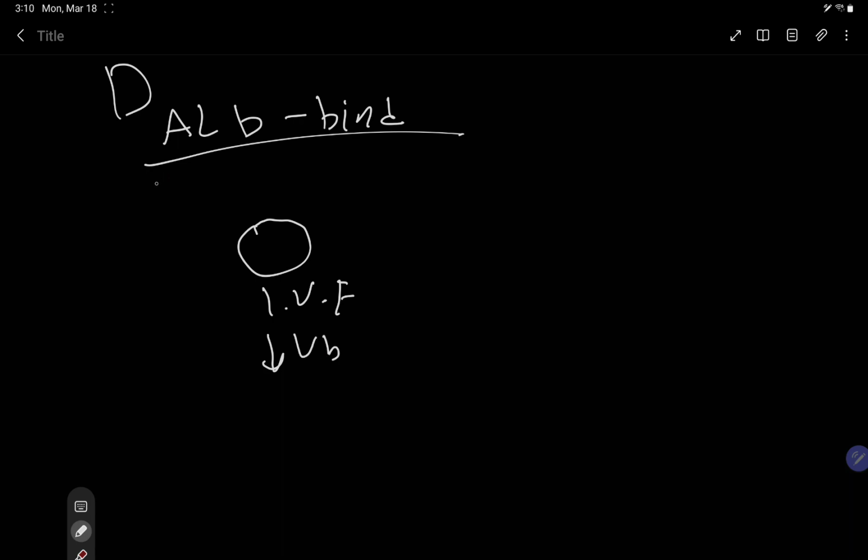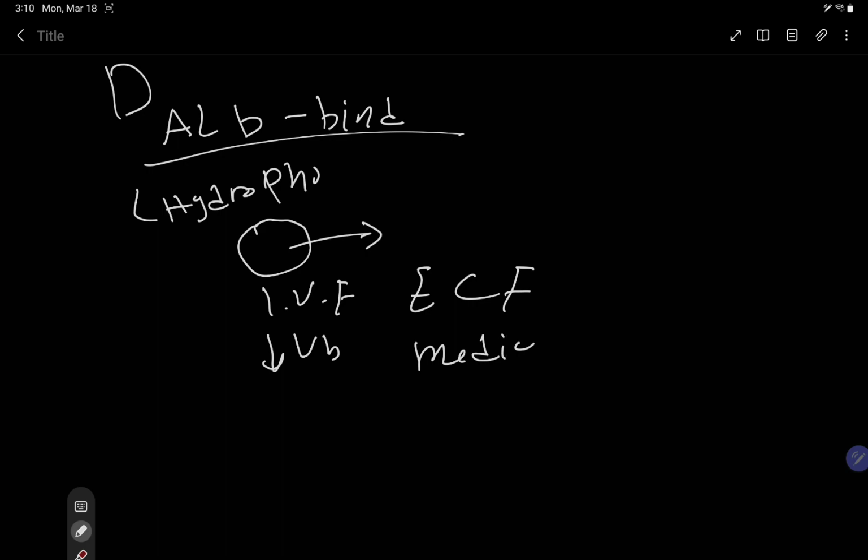Small VD. If that drug is hydrophilic, it will cross the blood vessel barrier into the extracellular fluid, having a medium volume of distribution.